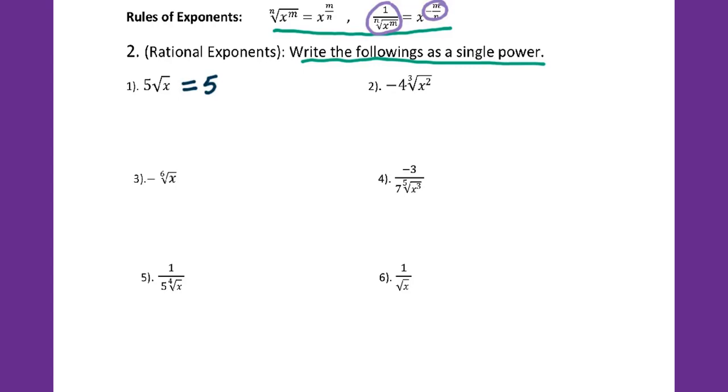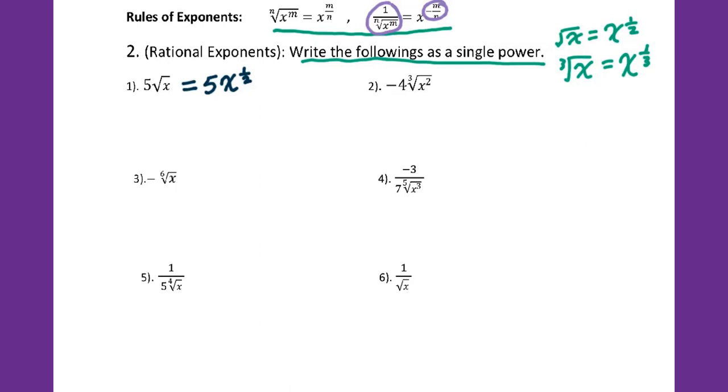Then we do 5 times x to the 1/2 power. Remember, square root of x is x to the 1/2 power. Then cubic root of x is x to the 1/3 power. These two are very useful.